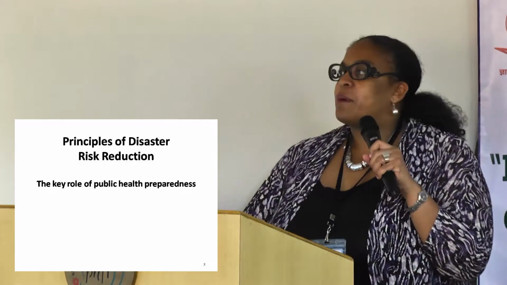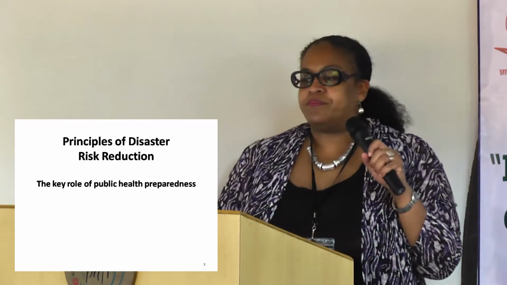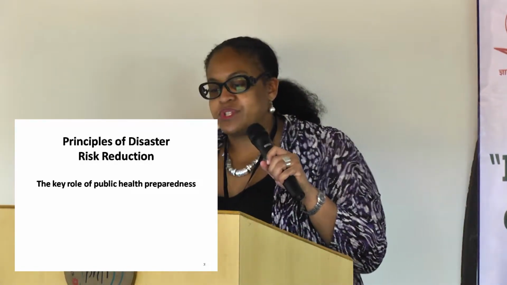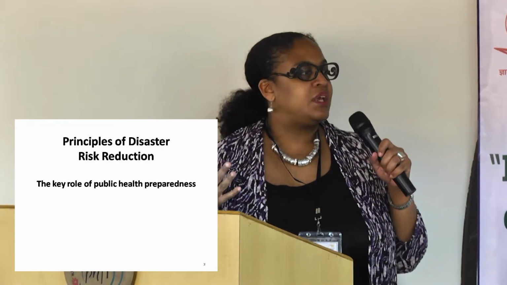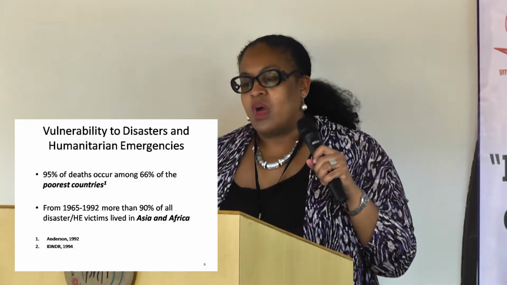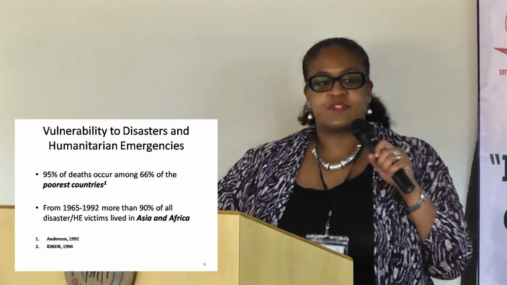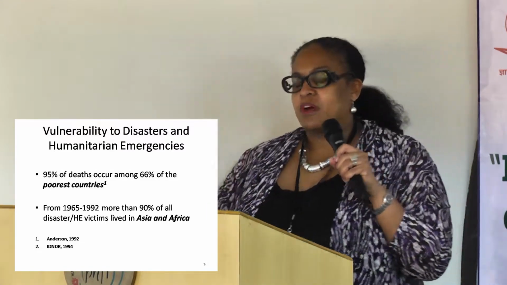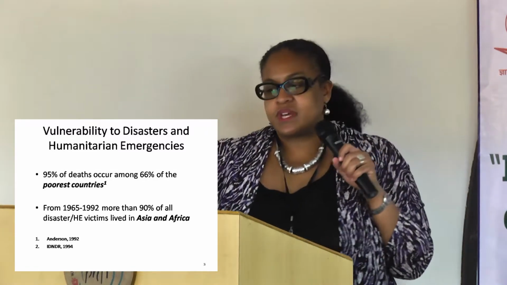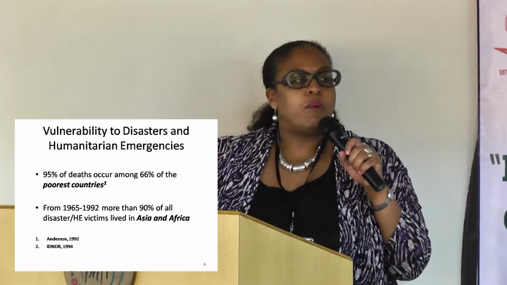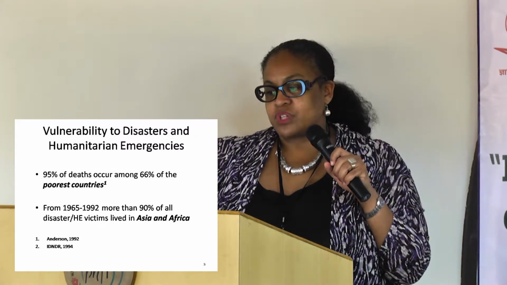So from a preparedness standpoint, disaster and risk reduction is a key role of public health. We know that prior to the last 20 years, when there were lots of advancements in the field of public health preparedness, most of the deaths occurred in poor countries with limited infrastructure.